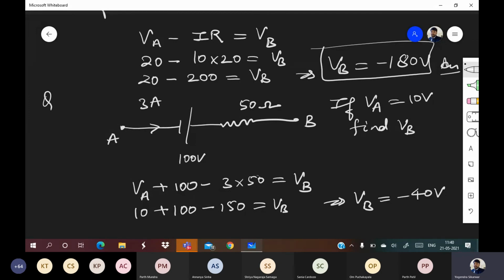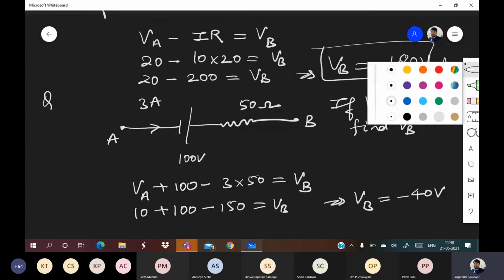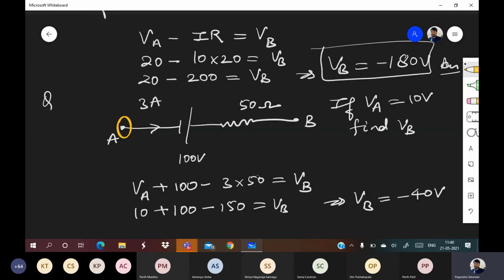Sir, can you explain again? Arnav is saying. Arnav, we are starting from point A. When you are starting from point A and you are going through the battery from negative to positive, VA plus 100 it will be, and then comes a resistance. Are you going in the direction of flow of current? Yes, sir. So what will happen across resistance? There will be potential drop. How much?